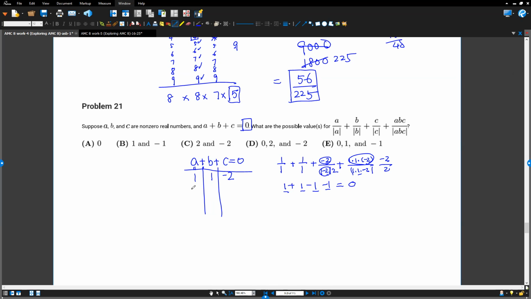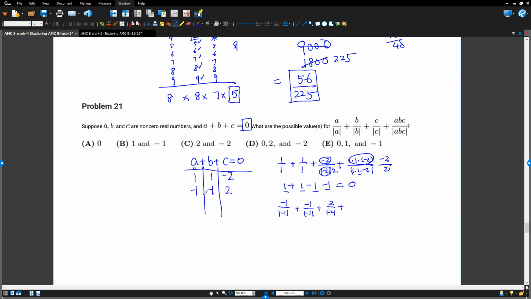So I'm going to do A is -1, B is -1, C is 2. Try this one. A is -1 over the absolute value of -1, B is also -1 over the absolute value of -1, C is 2 over the absolute value of 2.